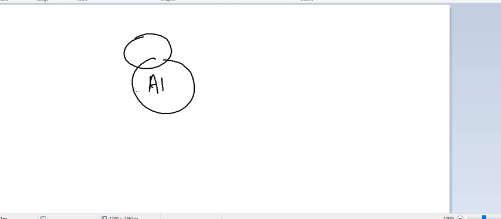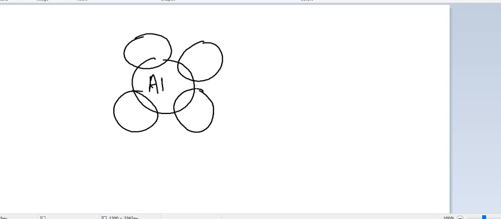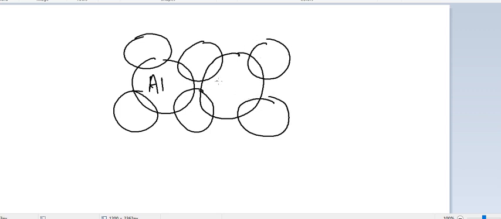This is aluminium, and as I said, show the tetrahedral arrangement like this, and another aluminium, and two of the chlorine atoms here like this exactly.